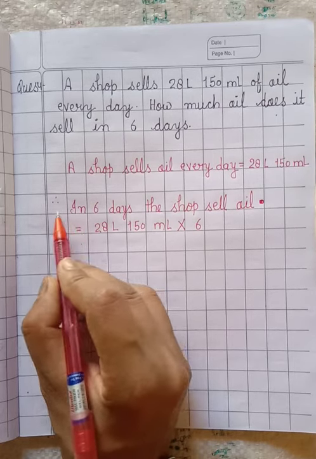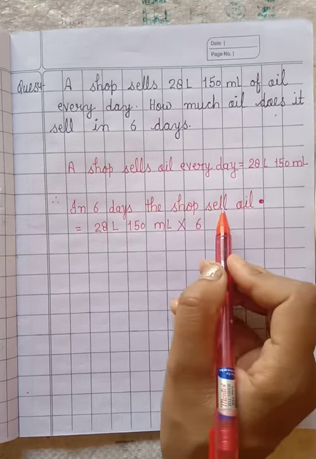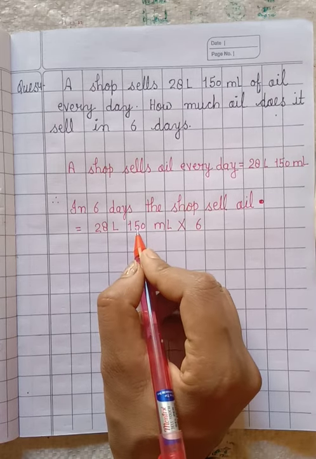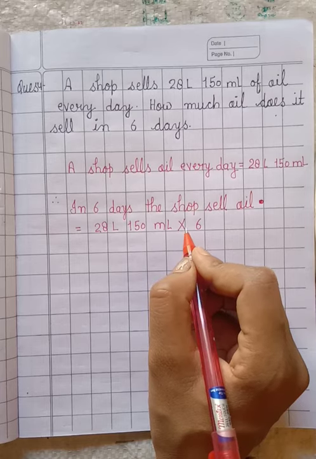So in 6 days the shop sells oil is equal to 28 liter 150 milliliter multiply by 6.